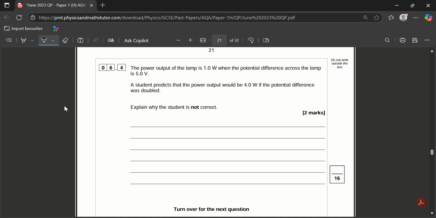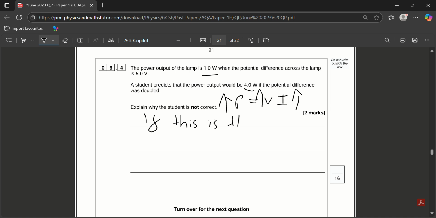The student is only going to be correct if this is true, then since we know P equals VI, both the voltage will have to double and the current will have to double if the power goes up by 4 times the amount, as we can see here, 1 watt to 4 watts.